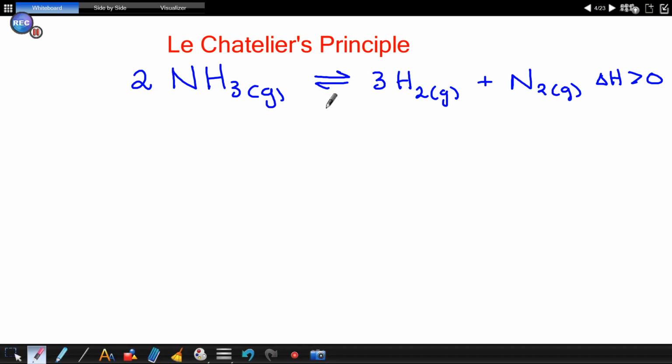In industry, this takes place with an iron oxide Fe2O3 catalyst, and the temperature range is 450 degrees to 550 degrees. That's the temperature range that will give the best yield of ammonia.